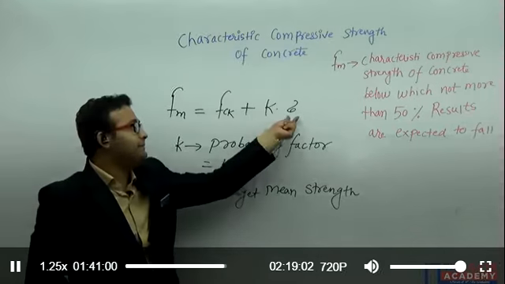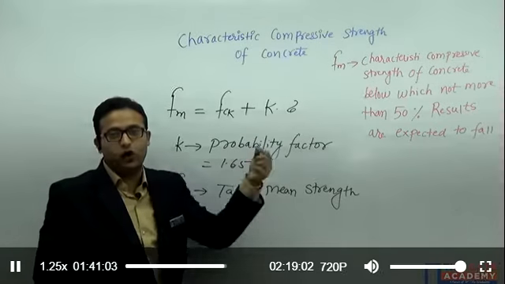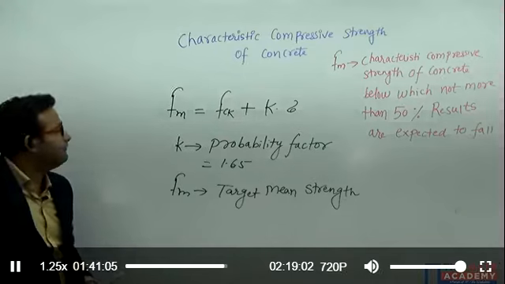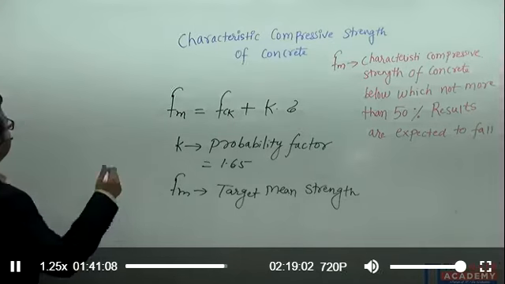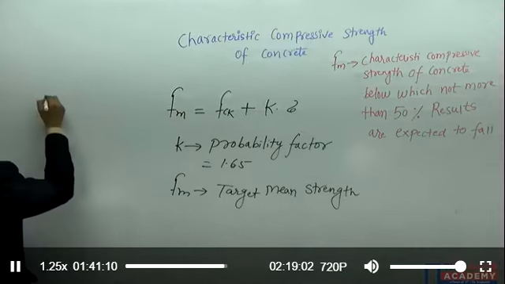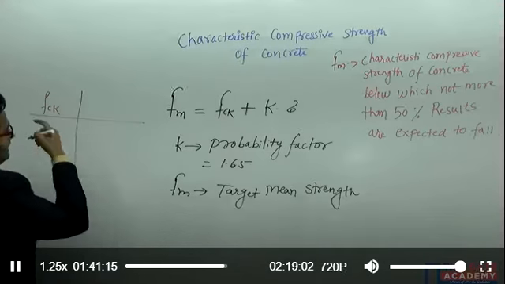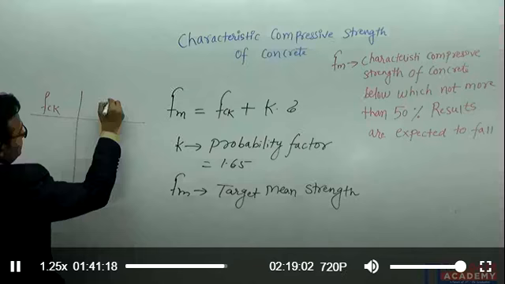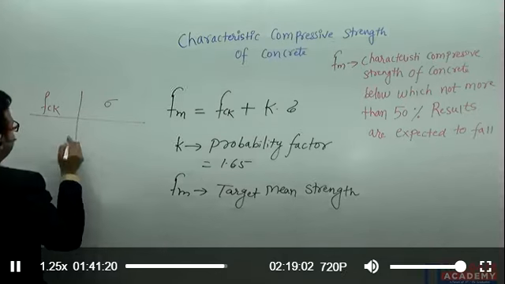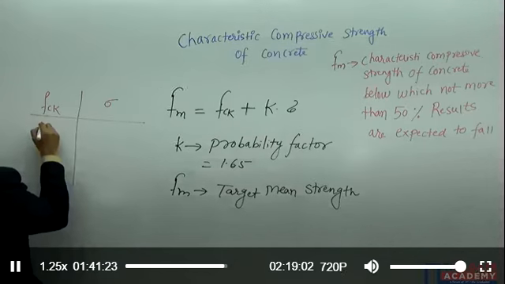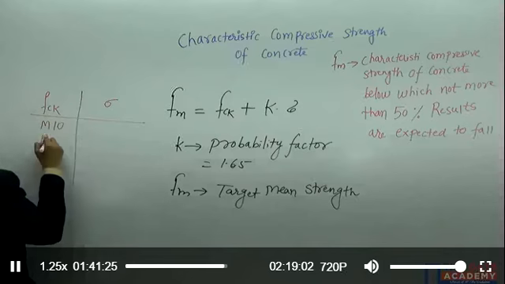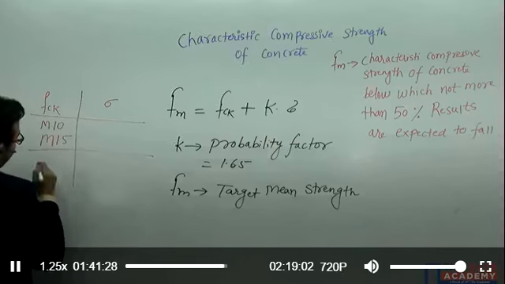How to calculate sigma? Sigma values are also given in the code. Now we are going to write the value of sigma for the different grades of concrete. So you prepare one table here. FCK means the grade of the concrete, and the corresponding sigma value. So here you can write M10, M15.